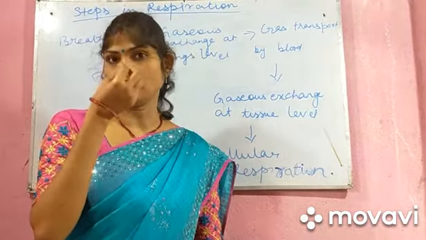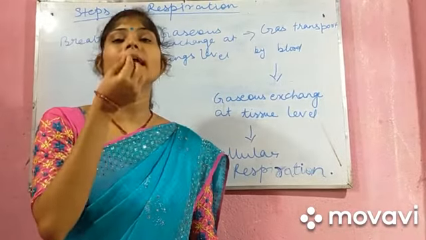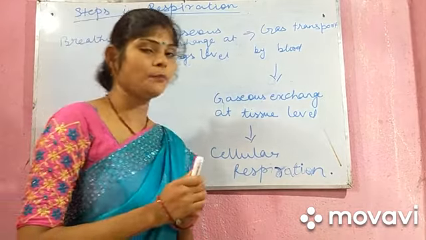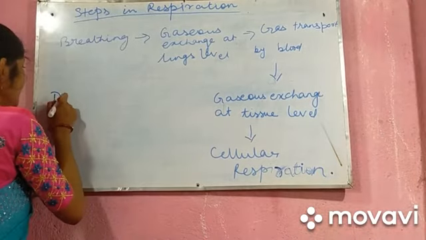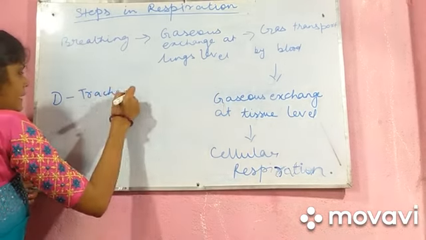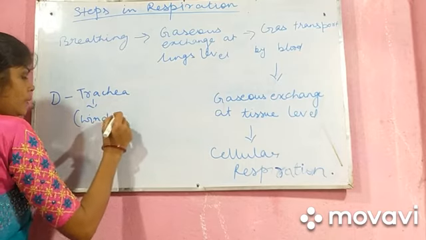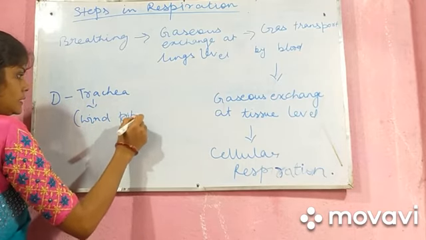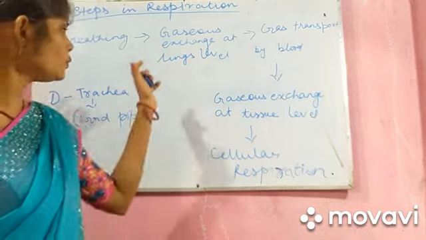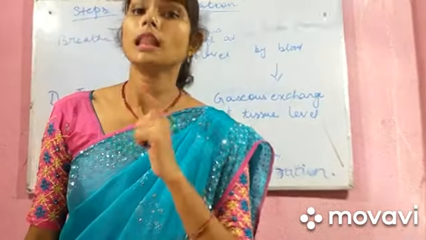Through the nasal chamber, the air goes into the lungs with the help of a D-shaped pipe, that is the trachea. Trachea is known as the windpipe, as I told you earlier also. Through the windpipe, the atmospheric oxygen goes into our lungs.